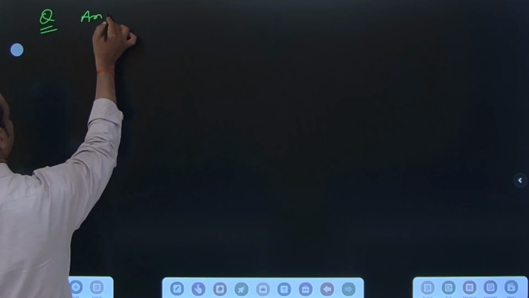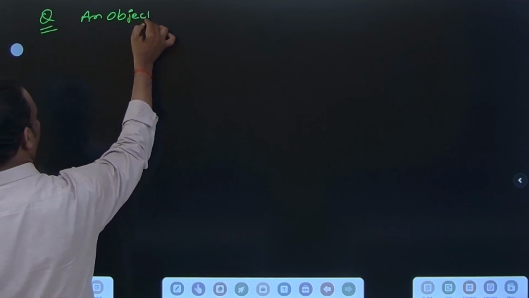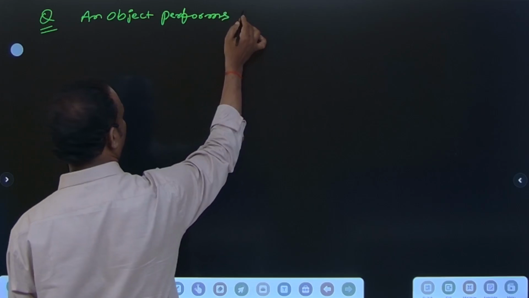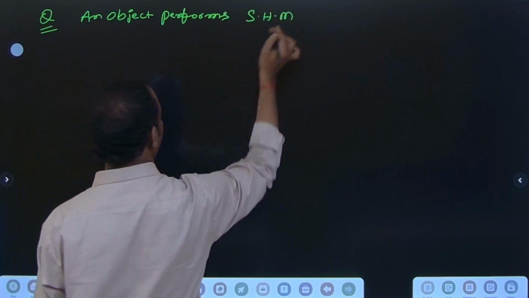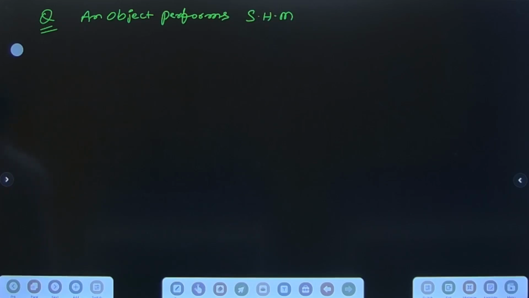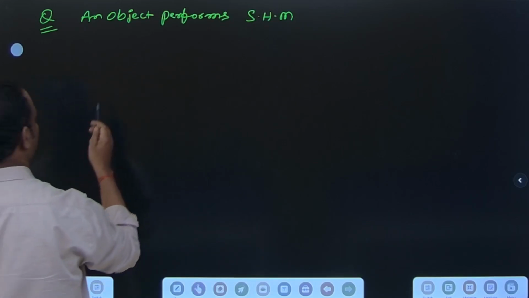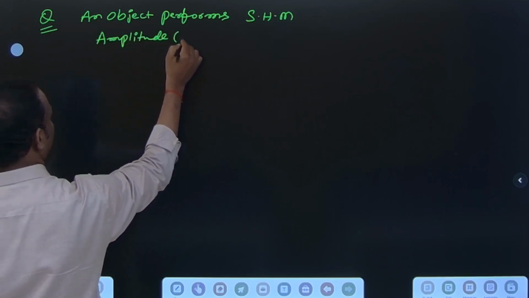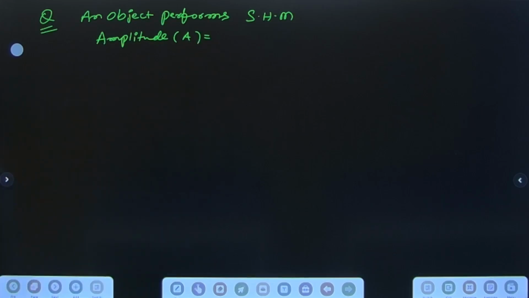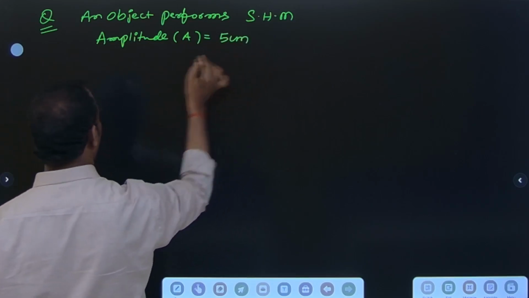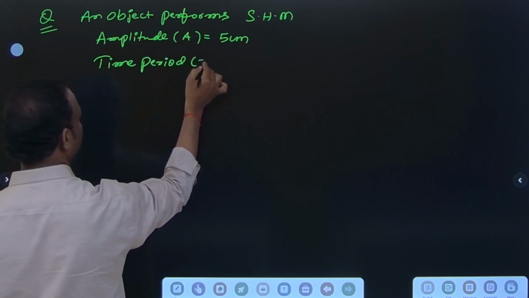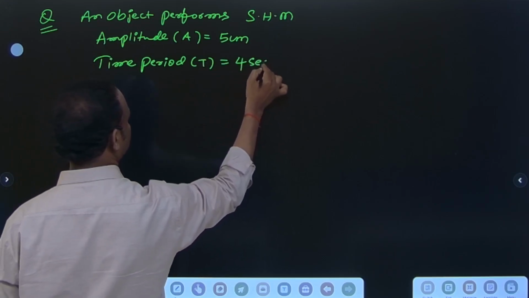An object performs SHM. Its amplitude A is 5 centimeter, and the time period is 4 seconds.